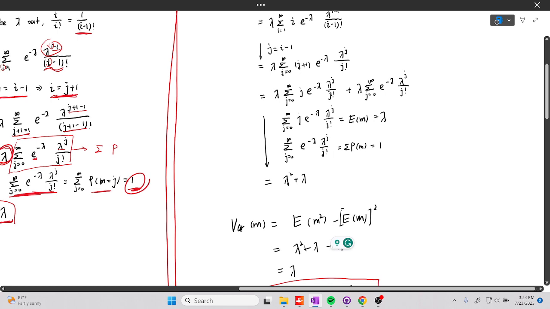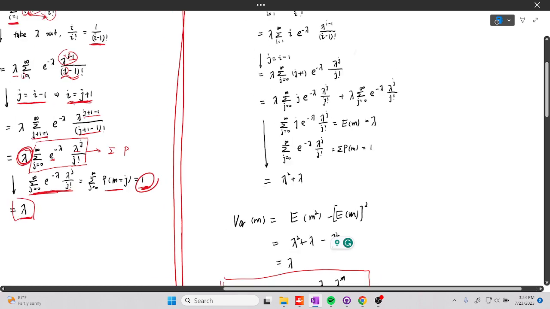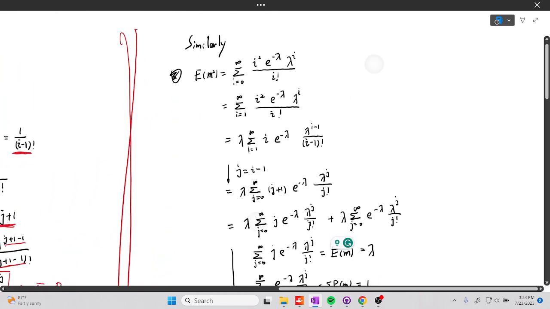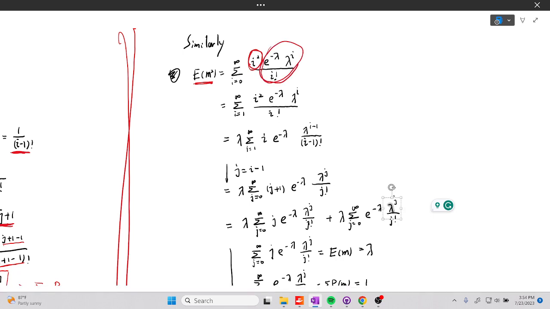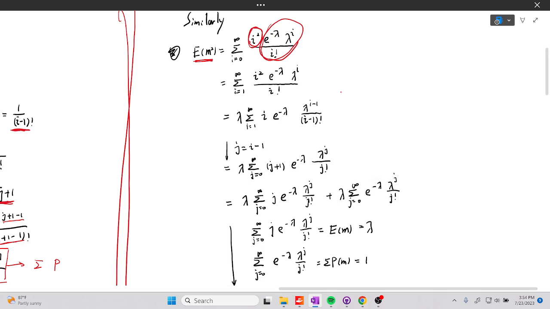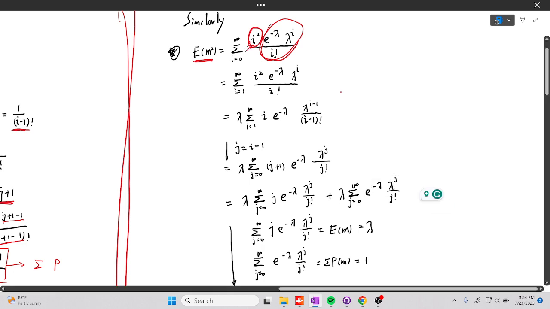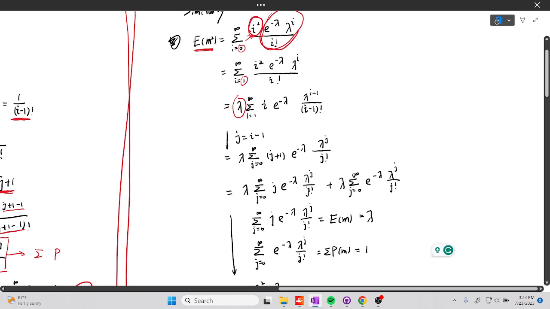And let's try to calculate, using a similar principle, the expectation of m squared. So again, i squared times the distribution. Since the zeroth term is 0, we can start calculating from 1, taking a lambda out. We got this.